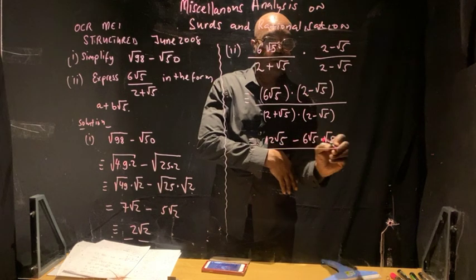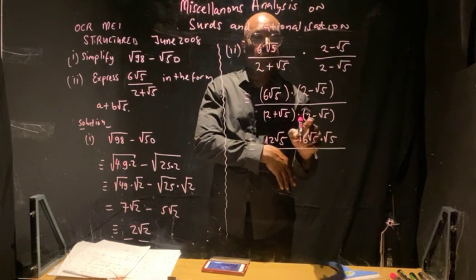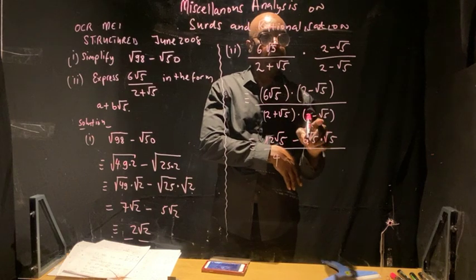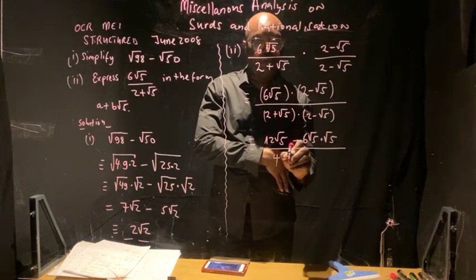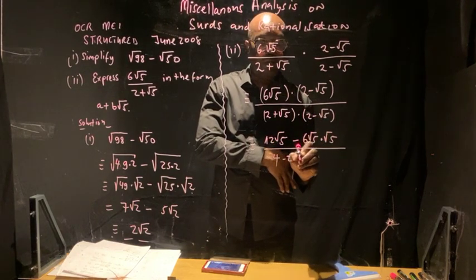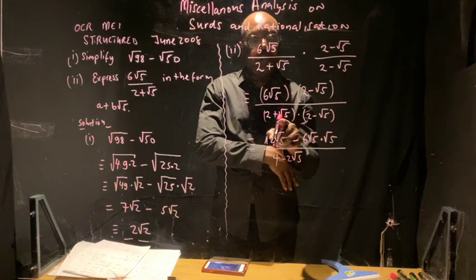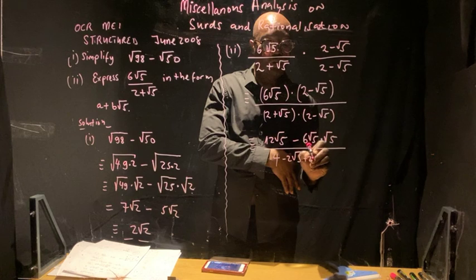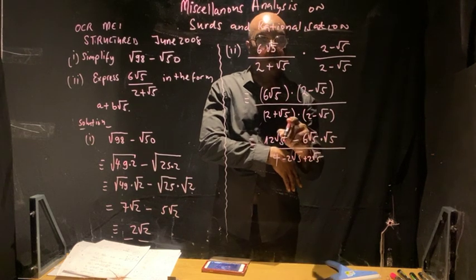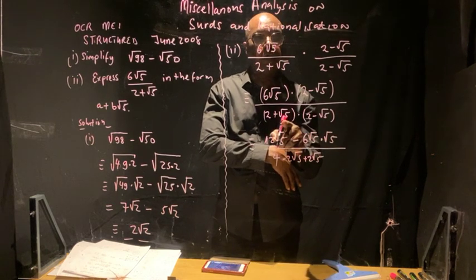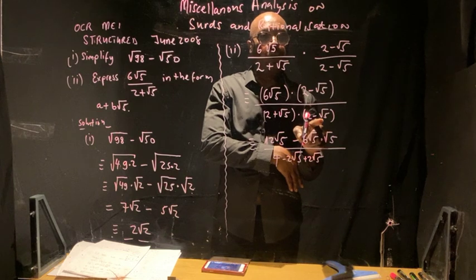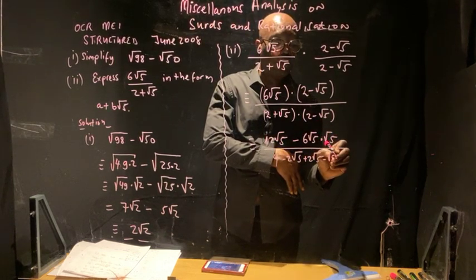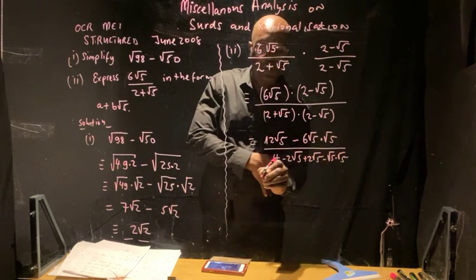All over, 2 multiplied by 2 gives 4. 2 multiplied by negative root 5 gives minus 2 root 5. Plus root 5 multiplied by 2 gives plus 2 root 5. Then plus root 5 multiplied by minus root 5 gives minus root 5 times root 5.